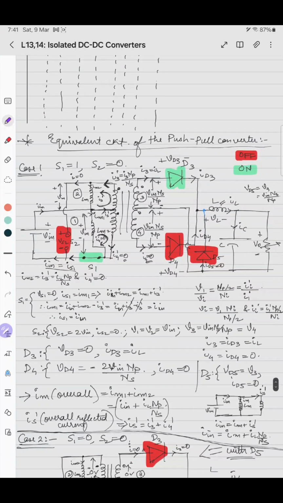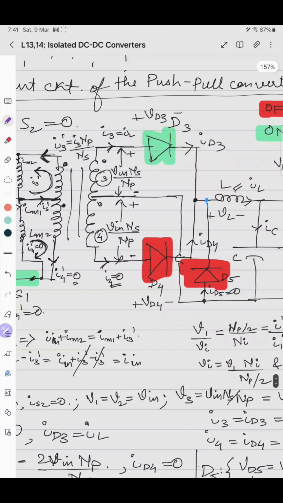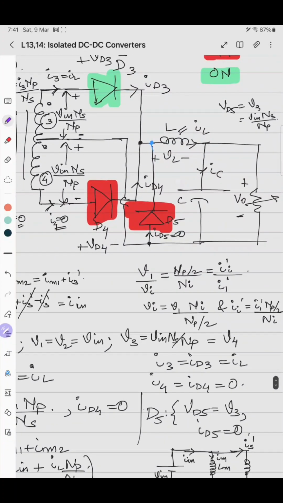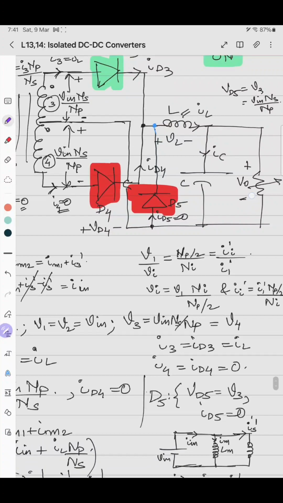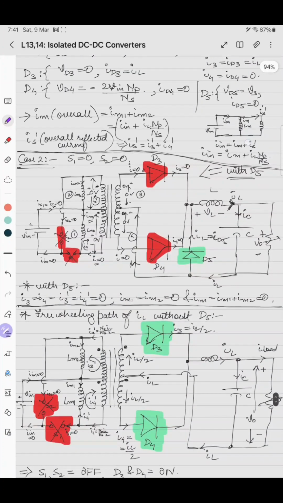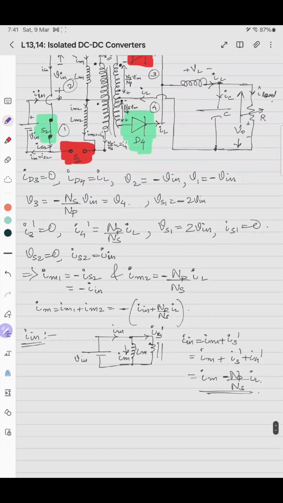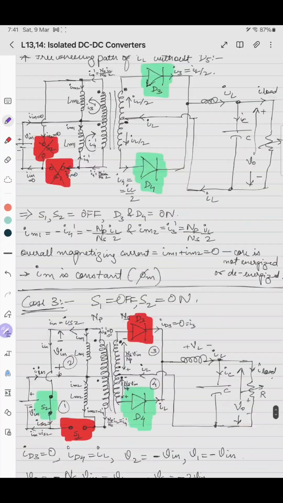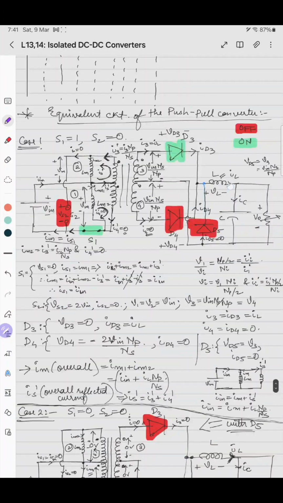When the switch is on, the voltage across the inductor is overall V in dash, so we'll call the voltage across this diode V in dash. V in dash minus V naught in all the cases. In the first case, V in dash is V in into NS by NP. In the second case, it is 0, and in the third case, it is minus of NS by NP into V in.